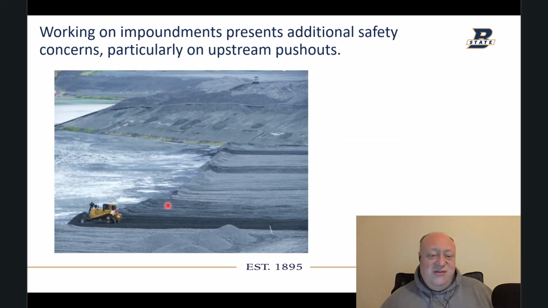And so that does present additional safety concerns, right? Typically, what you're doing with upstream construction is you're operating a nice big heavy piece of equipment, right? And you're pushing out the coarse refuse.